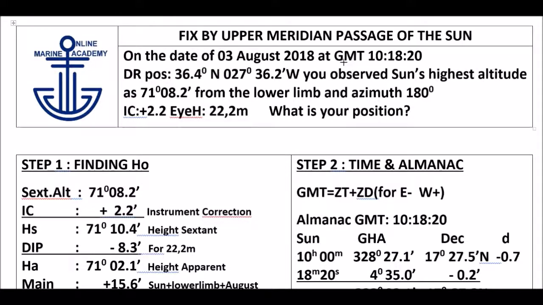In our question, it is given as GMT. Easily we can use this, but in practice, there is a special watch, which we call the chronometer on board, and this chronometer always gives Greenwich Mean Time.